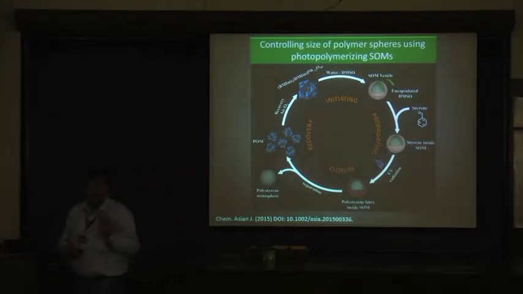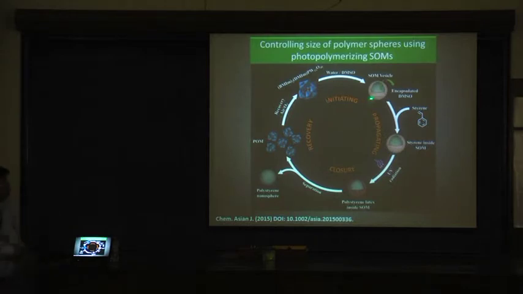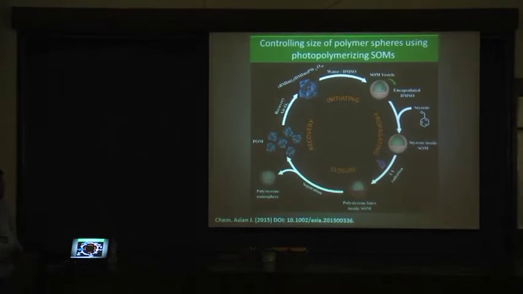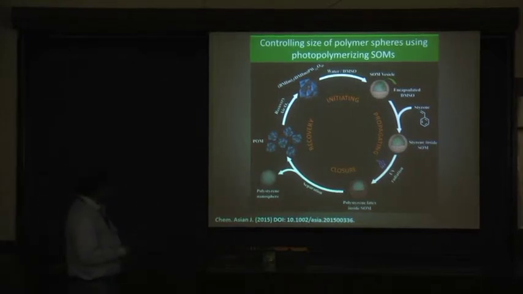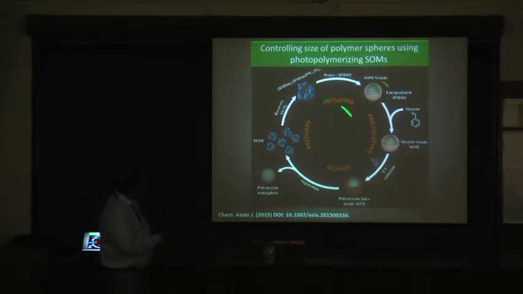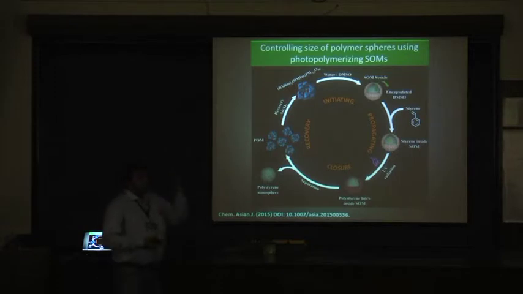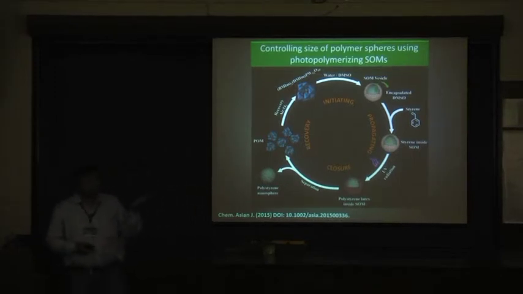Now, within these soft oxometalate vesicles, we captured styrene. So, the styrene goes within the oxometalate vesicle, the SOM, and then we irradiate it with UV. As we irradiate it with UV, if you remember from the last slide, these units on the surface get to the photoexcited state.